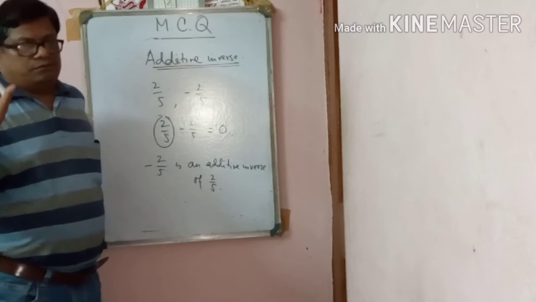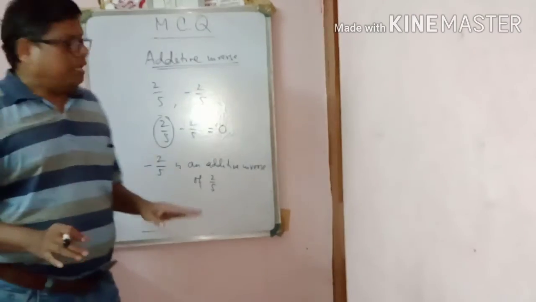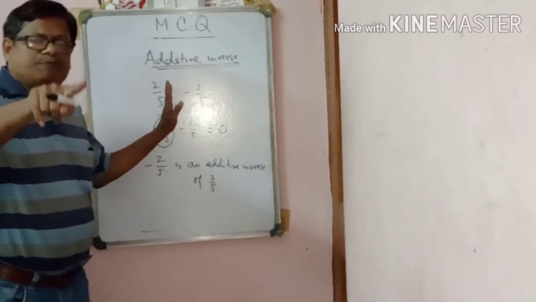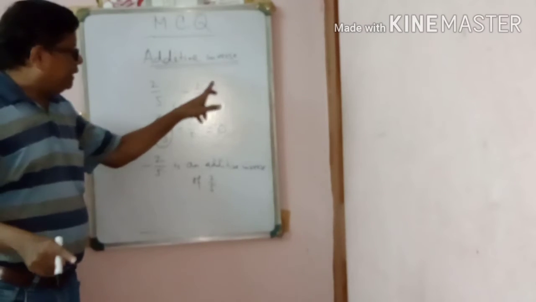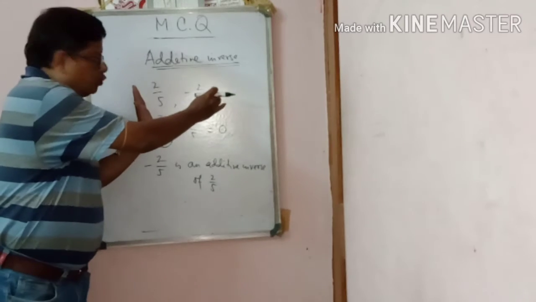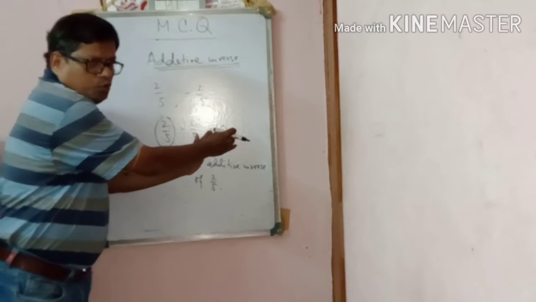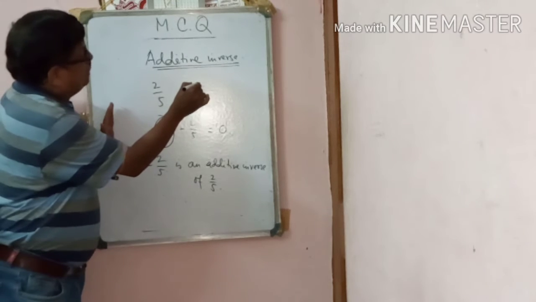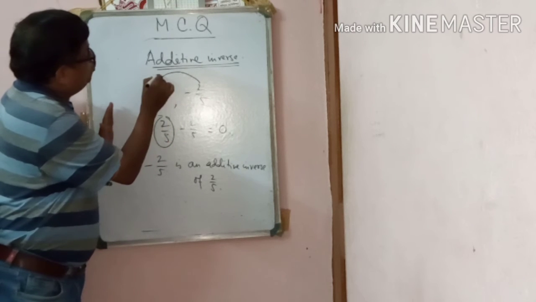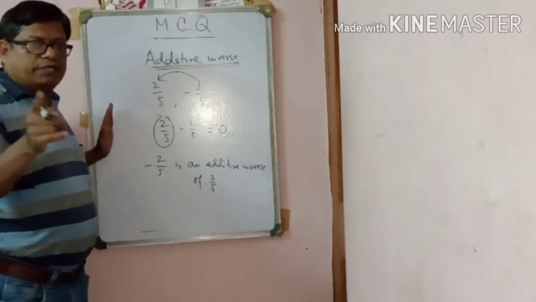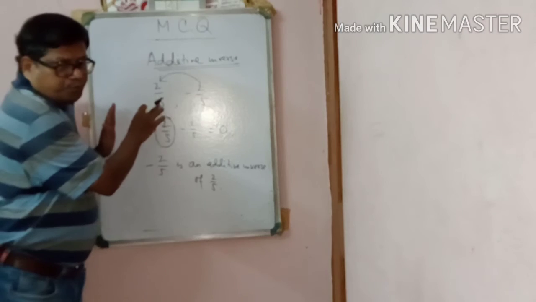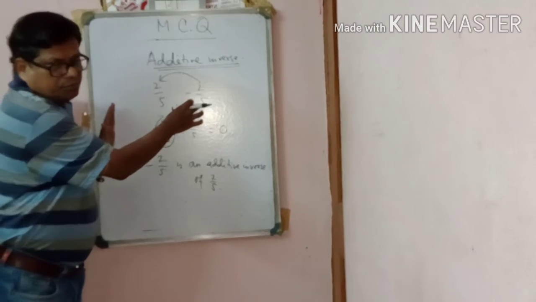If we add them, the result will be 0. Here minus 2 by 5 is an additive inverse of 2 by 5, the sign will be changed, and 2 by 5 is the additive inverse of minus 2 by 5. Understood?